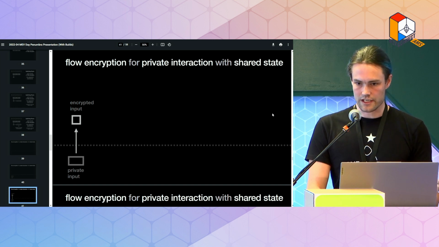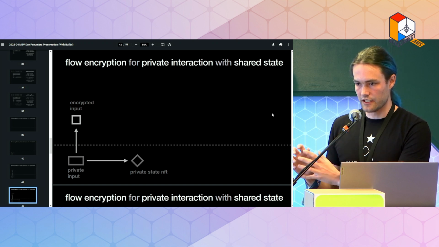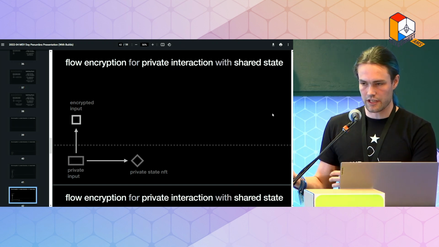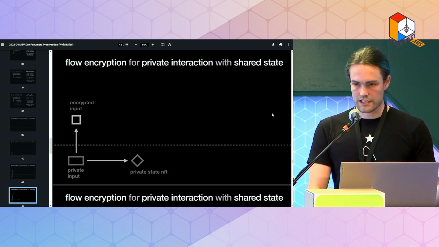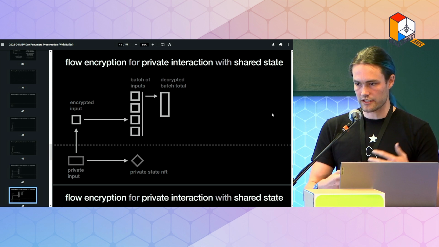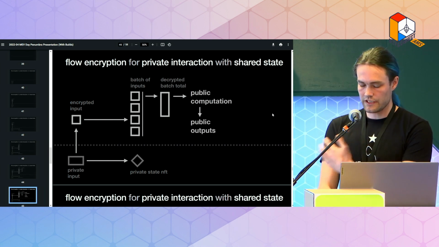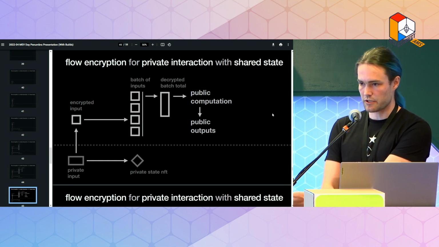Another thing that transaction is going to produce is some kind of private state NFT that privately records details about how they were participating in this protocol. As that transaction is included into a block, it'll get batched together with some other inputs, and then the validators can jointly decrypt a batch total, feed that into some public computation, and commit the output of that computation into the public chain state.